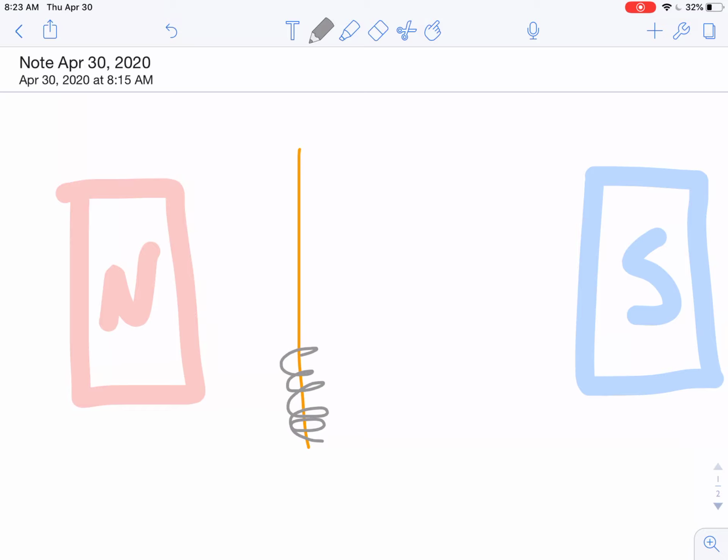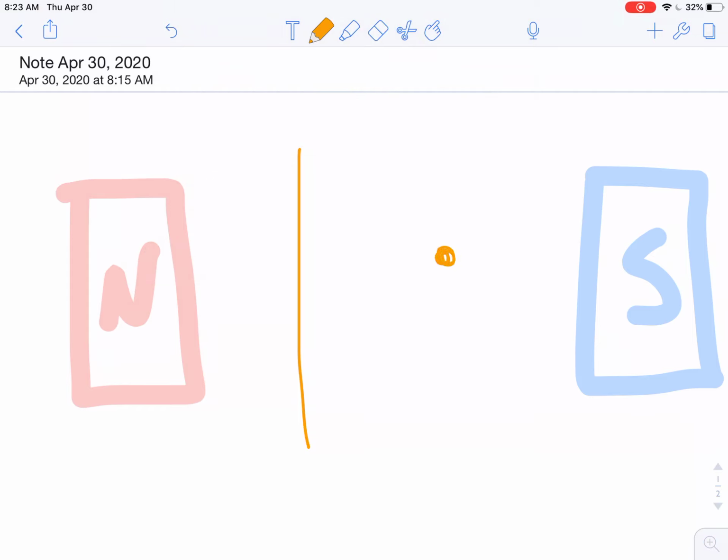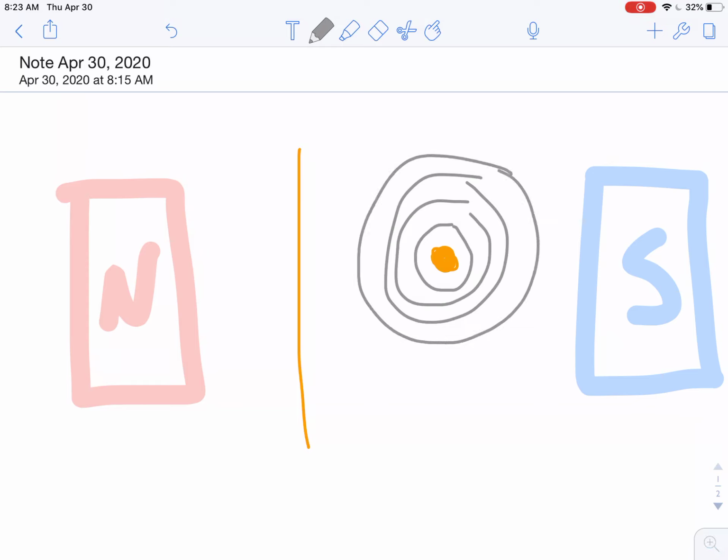So if we take that view and we make this copper wire run as if it's coming towards the page, okay, so we cut that wire and it's coming towards us, the magnetic field is going to be circular around. Okay, so we can make a magnetic field, right?